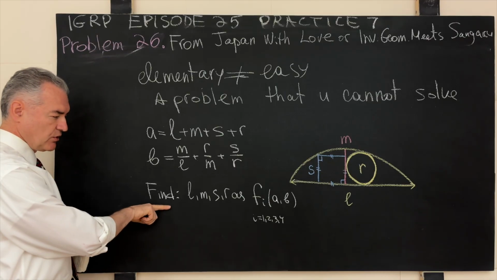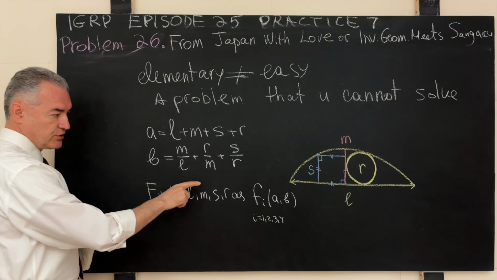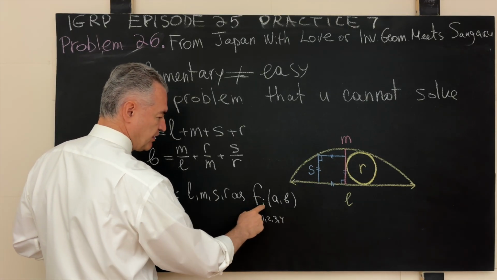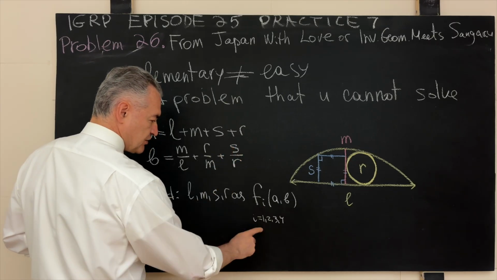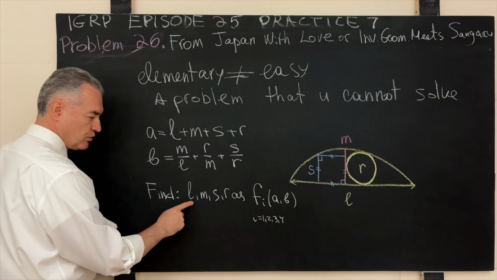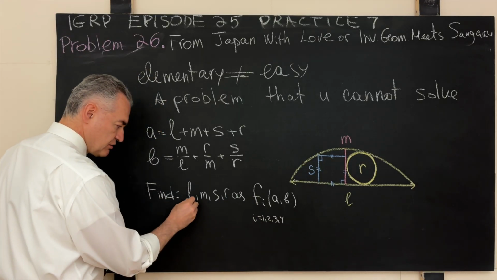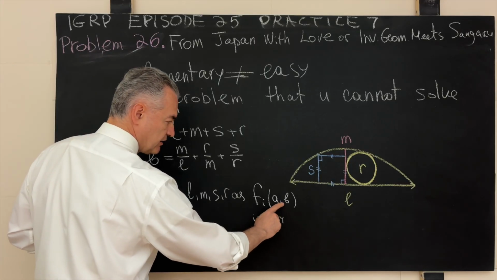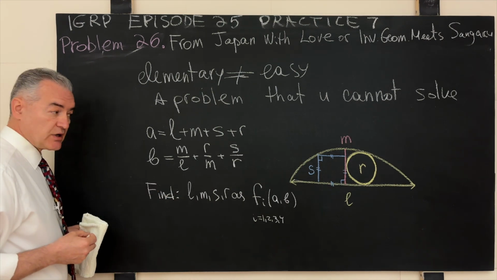And the objective of this problem is to express all the quantities L, M, S, and R as a function of these two numbers, A and B. In other words, we're on the hook in this problem to construct four functions, 1, 2, 3, 4, by the number of magnitudes L, M, S, and R, which somehow express each quantity as a function of the numbers A and B. One more time, this problem, as far as I'm aware, is open.